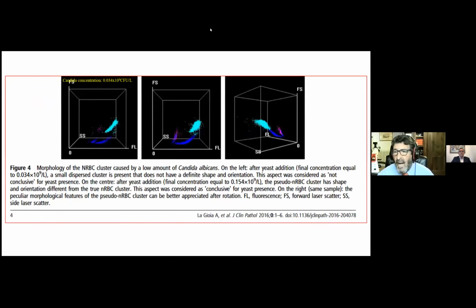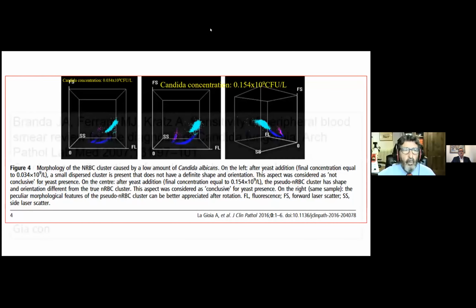These uncertainties disappear at a bit less than 100 blastospores per liter, and the cluster showing these values can clearly be perceived as not an NRBC, but as a Candida-related cluster.